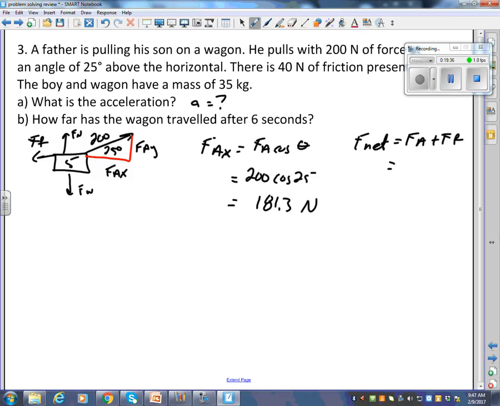It's FAX, isn't it? 181.3 minus 40 newtons of friction. 141.3. I can do that in my head. Why am I doing that? Okay, so now I got my net force.